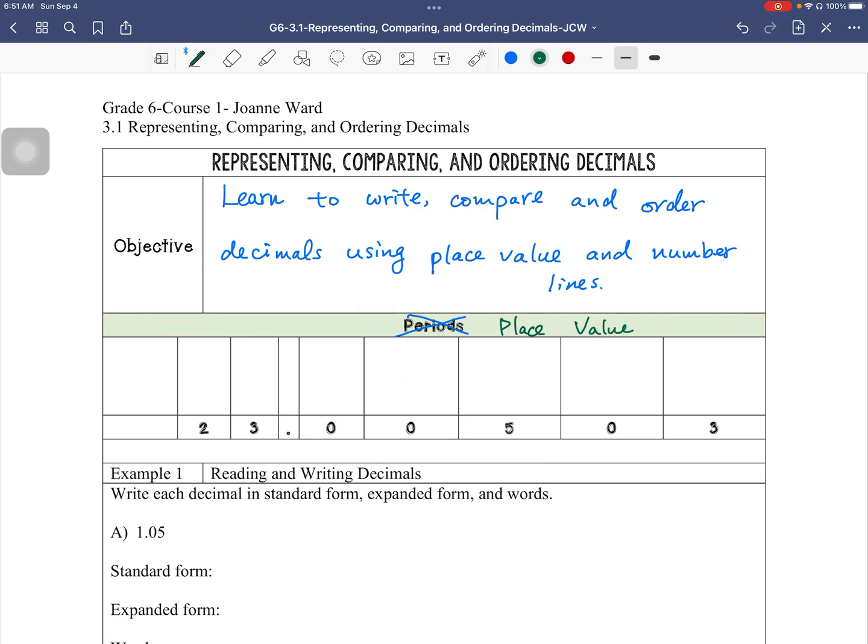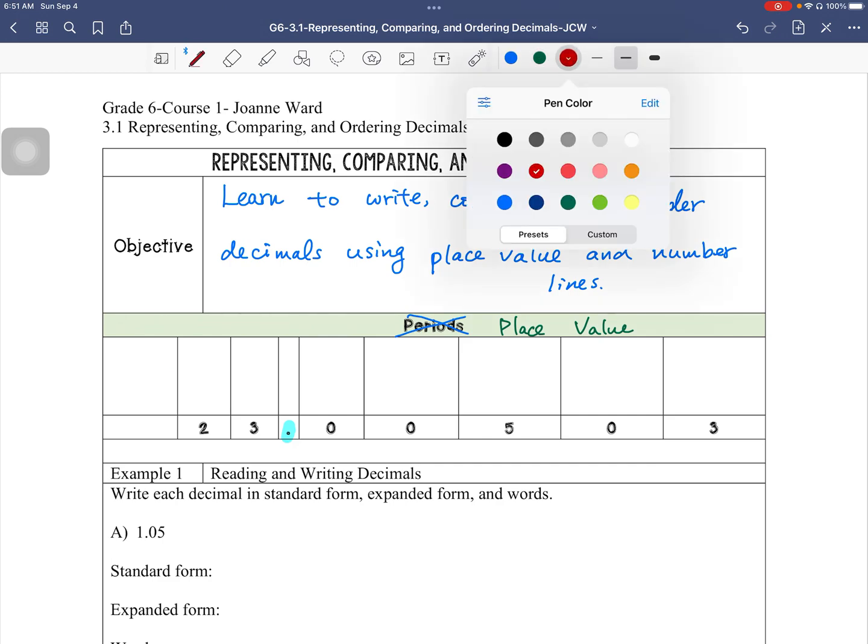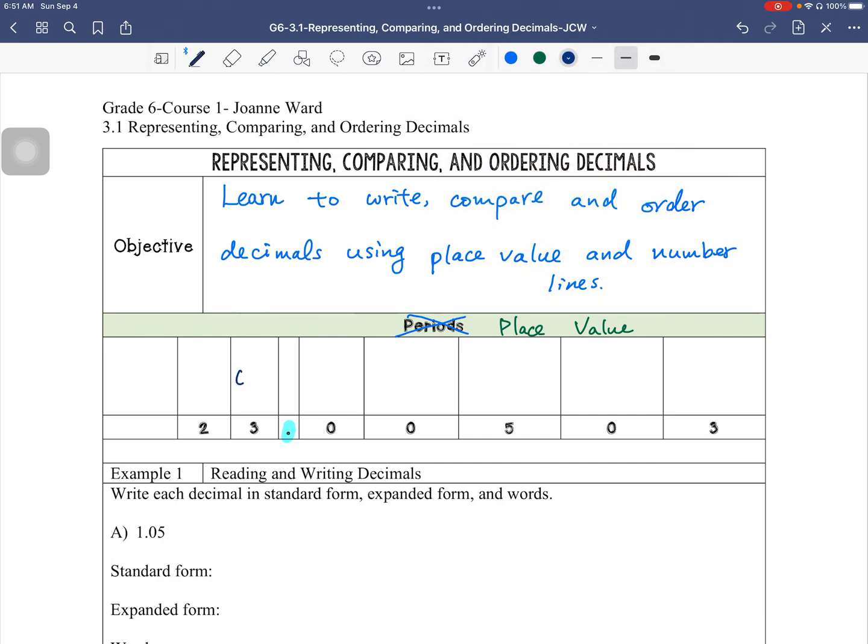So the place value of the decimals, here is the decimal point, and ahead of the decimal point, we start with 1, 10, 100.